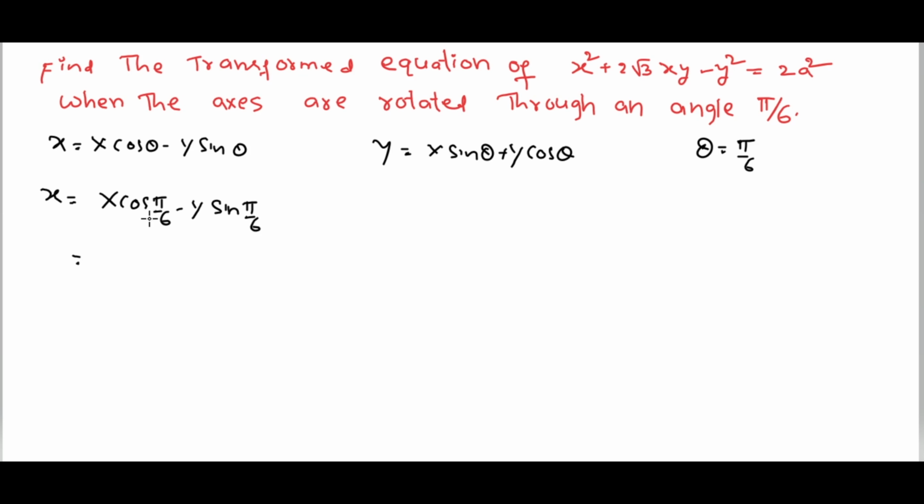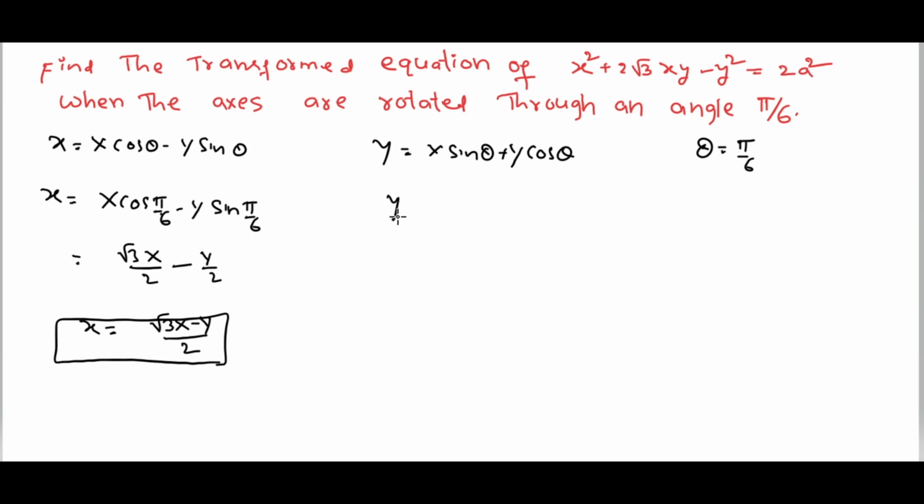Cos pi by 6 is cos 30, root 3 by 2. Root 3 by 2 into X, that is root 3 X by 2, minus sin 30, 1 by 2, that is capital Y by 2. Therefore small x is equal to root 3 into capital X minus capital Y by 2. And small y is equal to capital X sin pi by 6 plus capital Y cos pi by 6.